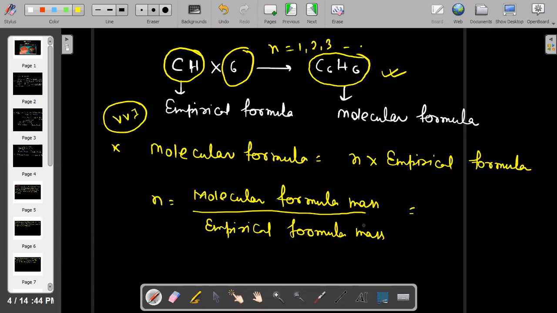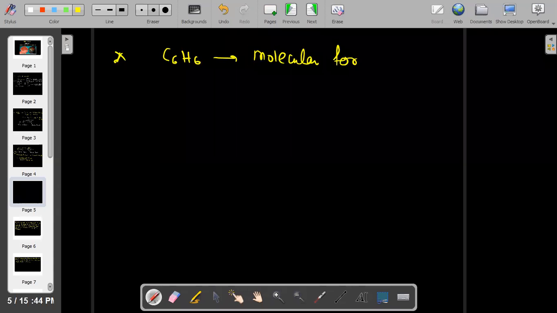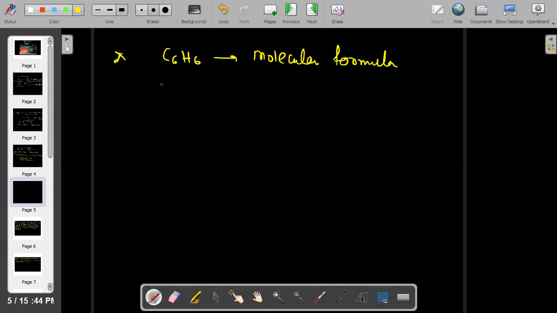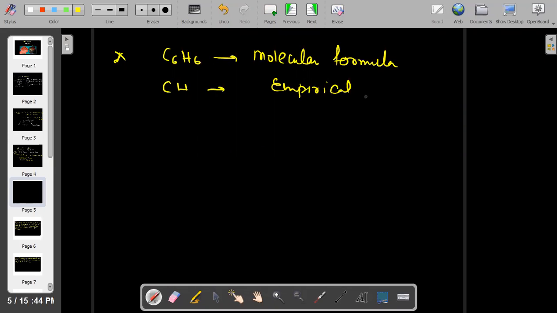Suppose I take the example of C6H6. We know C6H6 is the molecular formula, and CH is the empirical formula. Clear? Now, what is the value of N if anyone asks you? N is molecular formula mass divided by empirical formula mass.